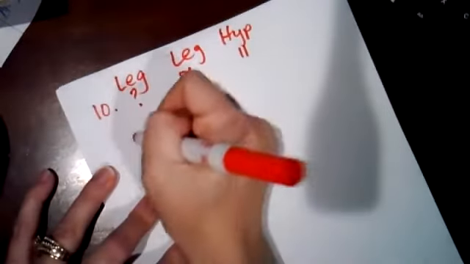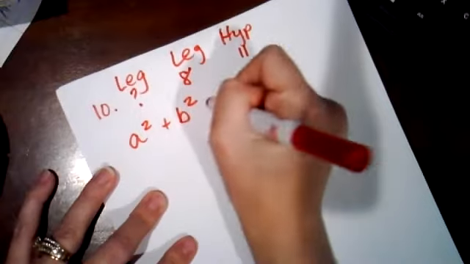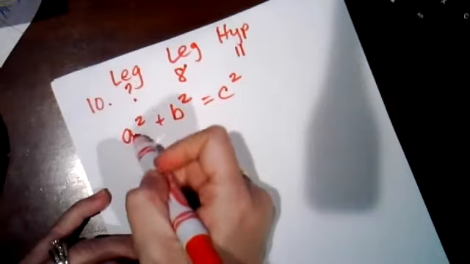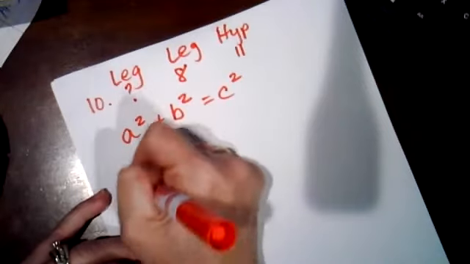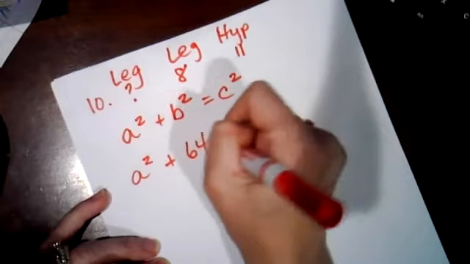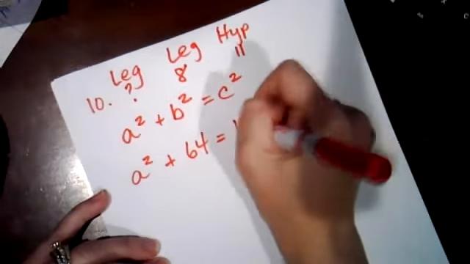Okay, so you're going to, again, a squared plus b squared. Don't you love it that we're writing the formula? You're memorizing it as we write it. Okay, one of the legs is this question mark. Let's leave it as A. It doesn't matter. You can put it as B if you're feeling that way. And then C squared is always going to be this.